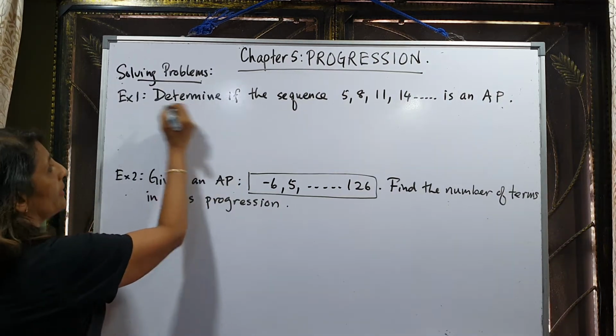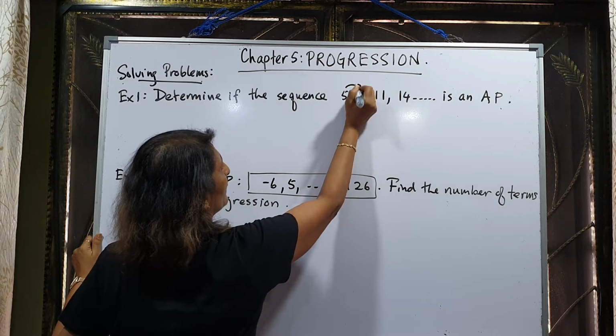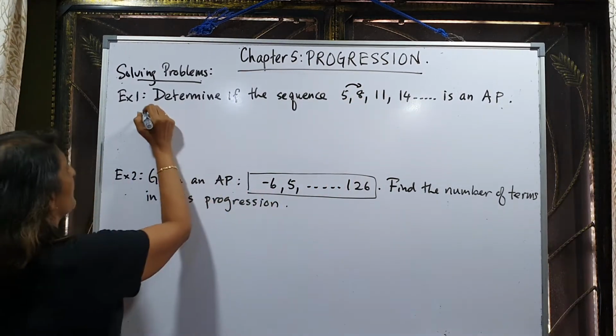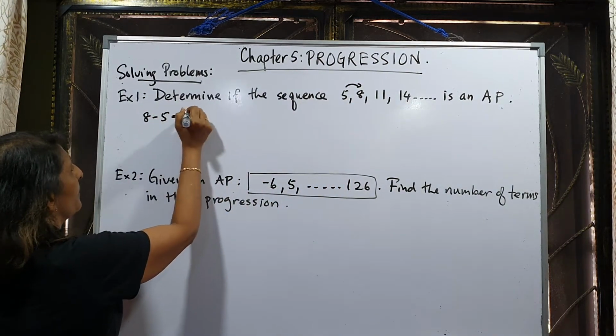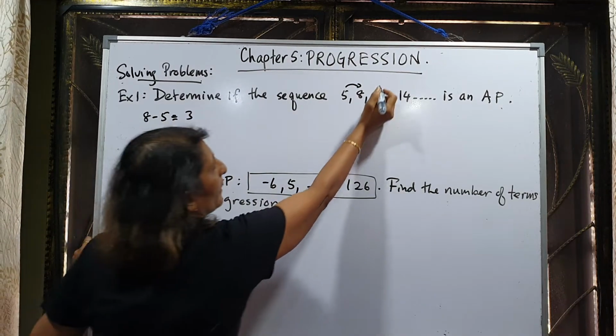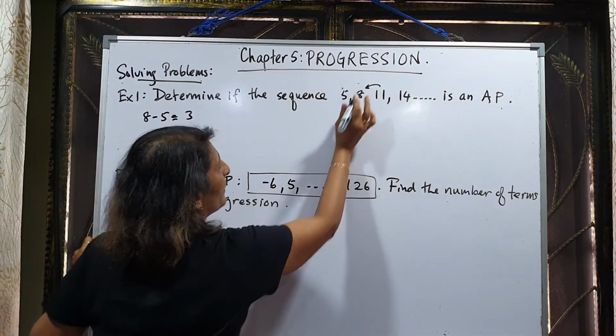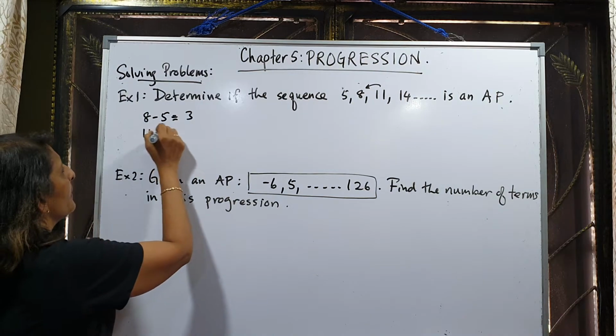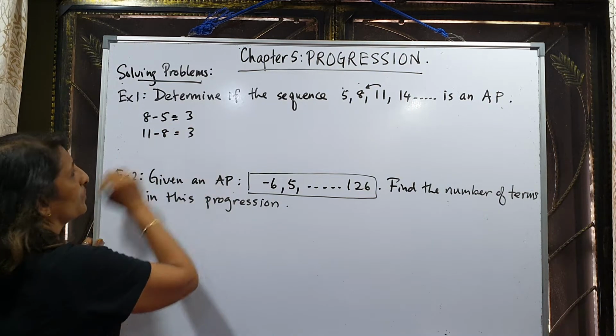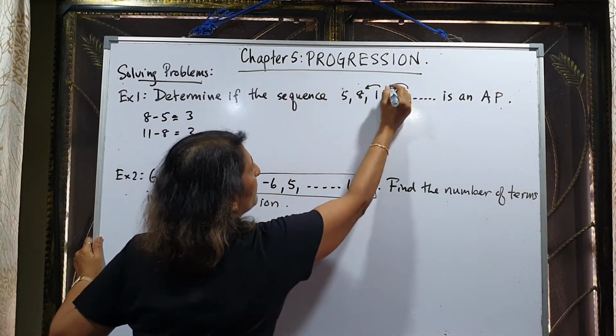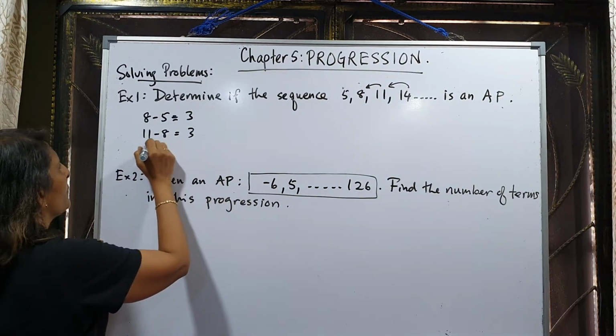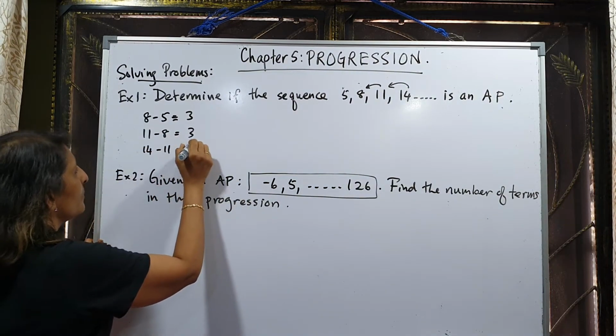So let's try. Let's find what is the d here. 8 minus 5 should give you the answer. What's 8 minus 5? 3. Then we try 11 minus 8. Okay? What is 11 minus 8? 3 also. Then we try 14 minus 11. 14 minus 11, also 3.